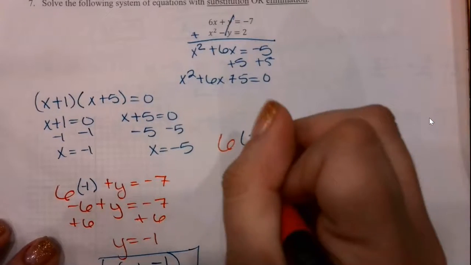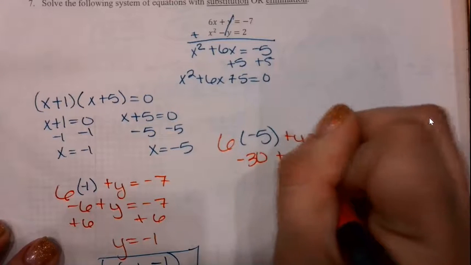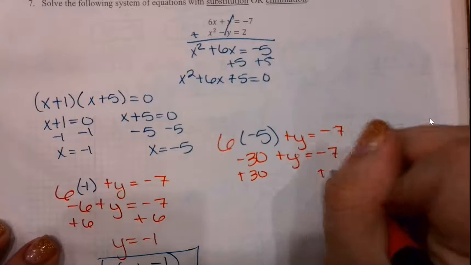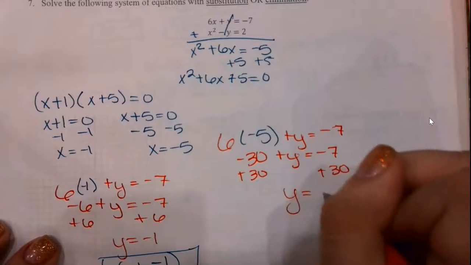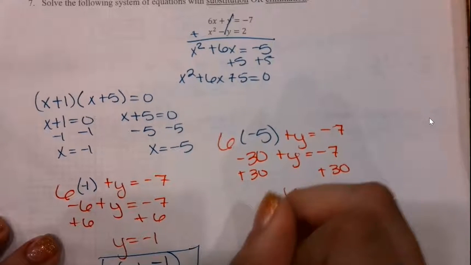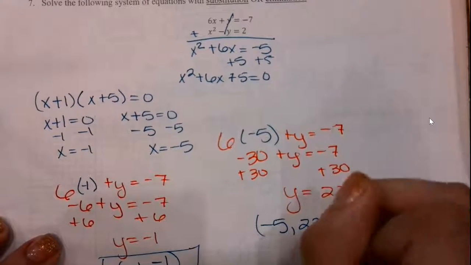Okay, 6 times negative 5 gives me negative 30. Then I want to add 30 to both sides. And I get y equals 23. This time my coordinate point is going to be the negative 5 I plugged in and the 23 I got out.